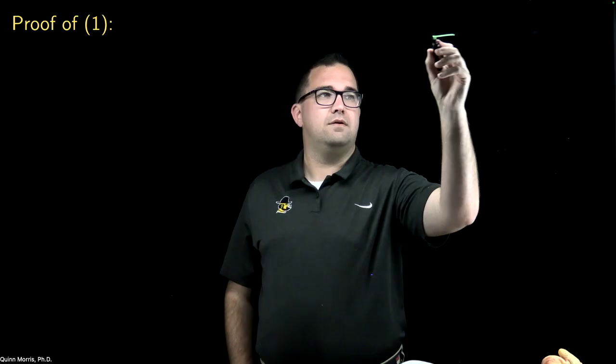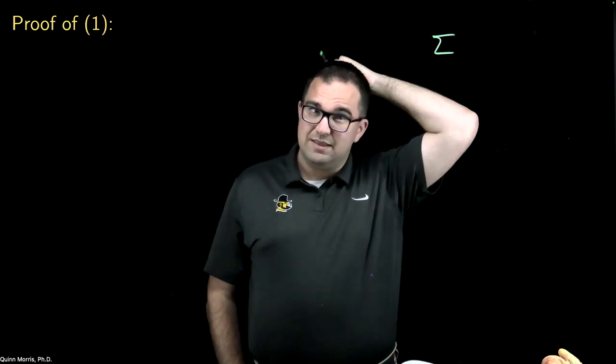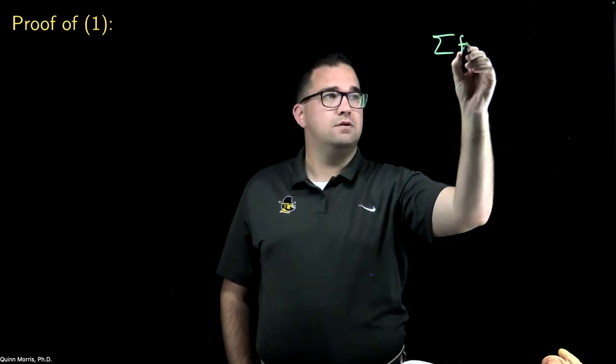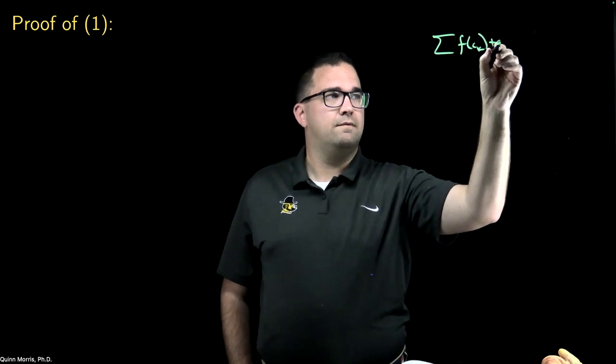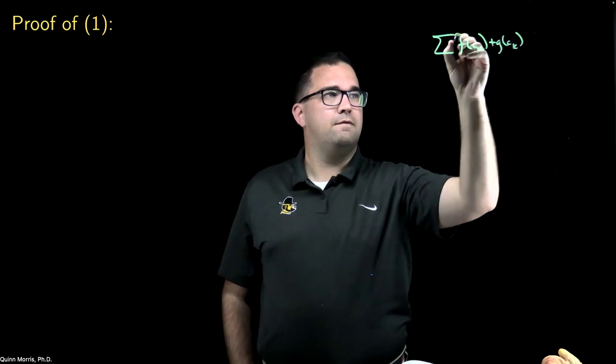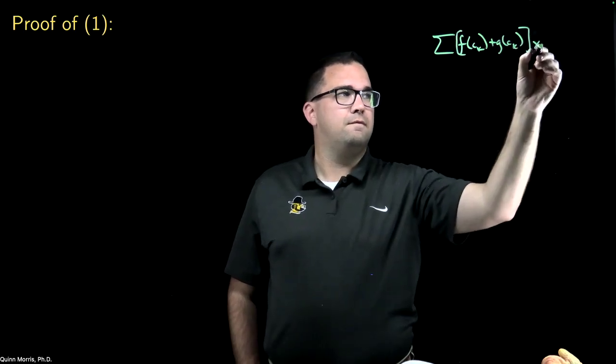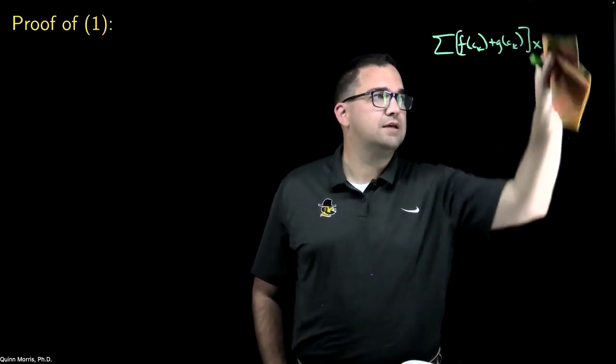Okay. So again, if we think of this abstractly for a second, if I think about approximating these things by sums, sorry, this should be delta xk.